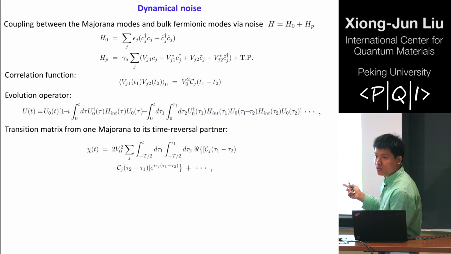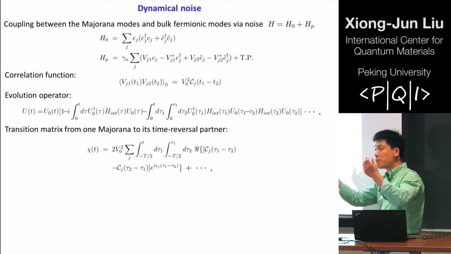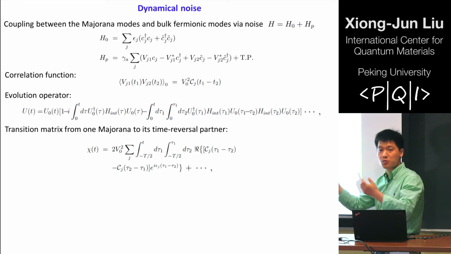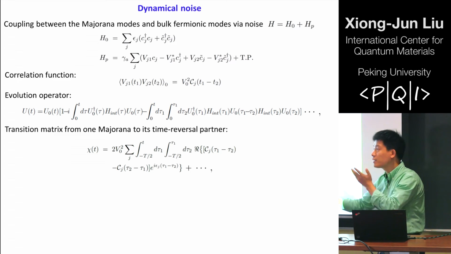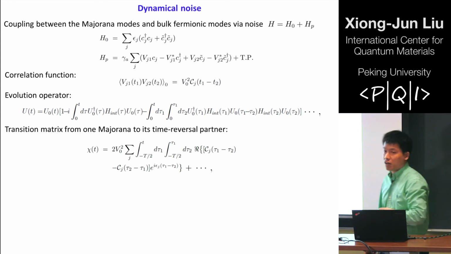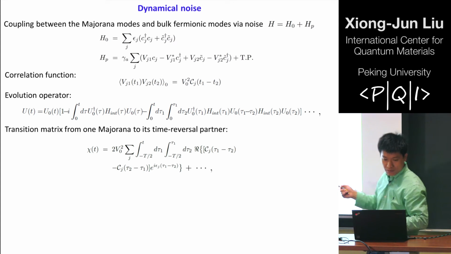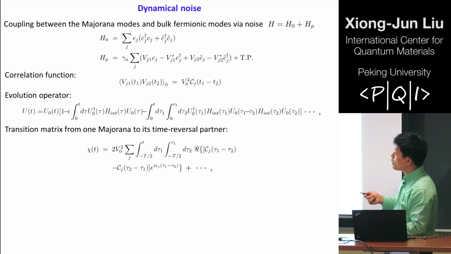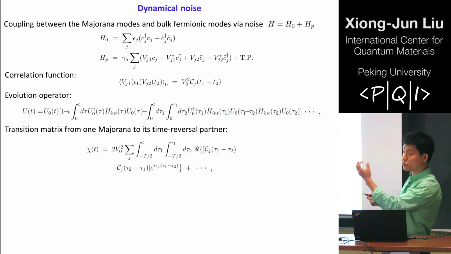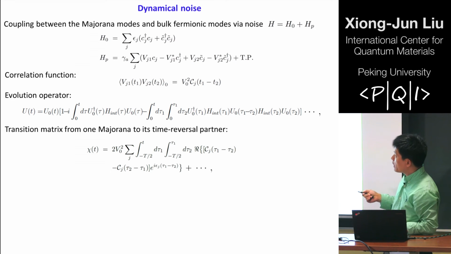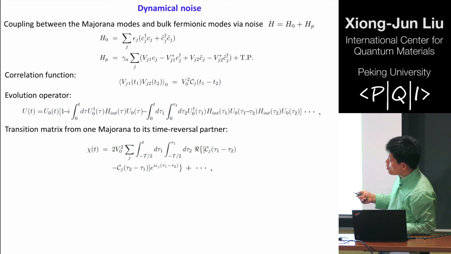If the dynamic noise can induce decoherence for the braiding, namely it should induce the local coupling for the two Majoranas within a single pair, right? However, just based on some calculation, you can show that the coupling between the two Majoranas within a single pair can be obtained in this way.